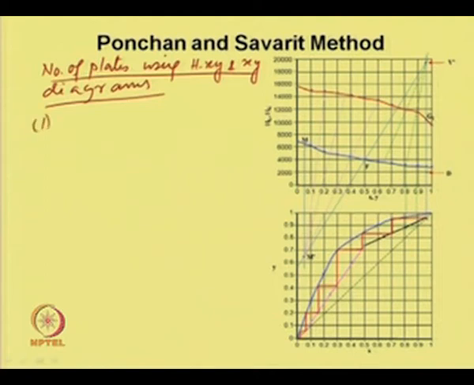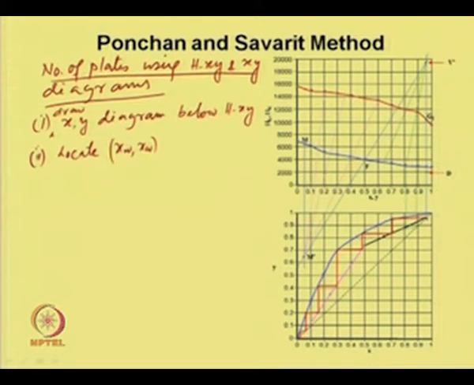So, first we have to draw the XY diagram below the HXY diagram with a similar scale, and then locate XW, XW and XD, XD on the diagonal.